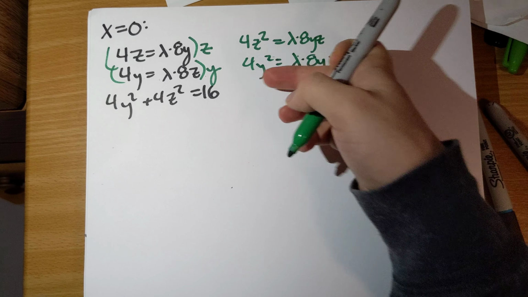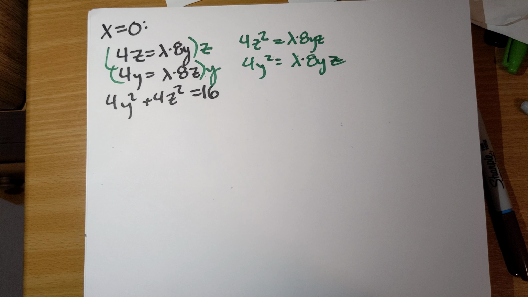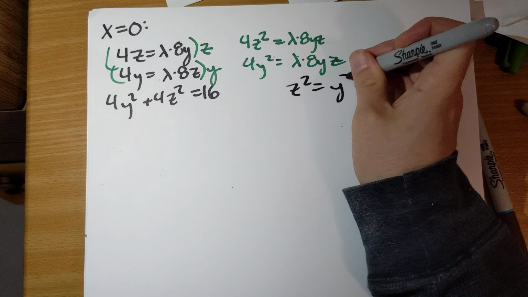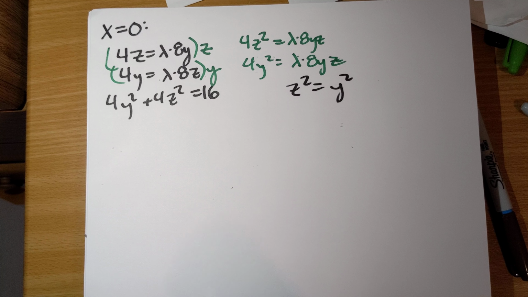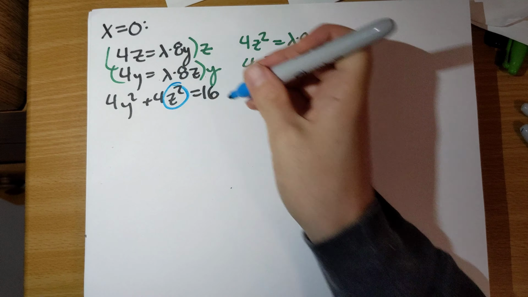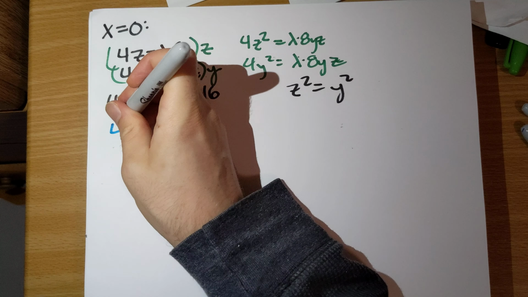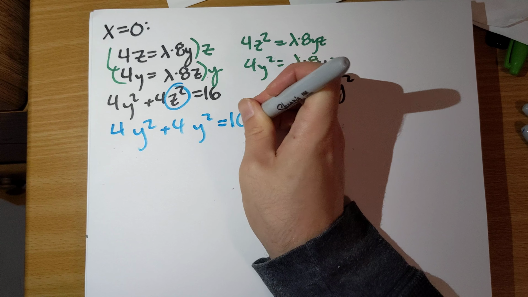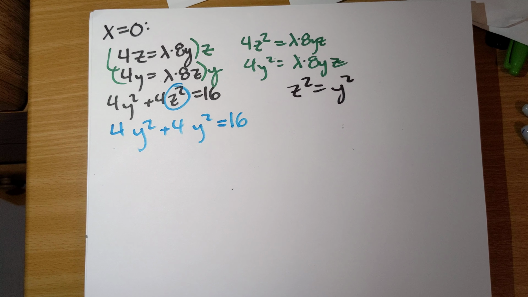The right sides are equal, so we see that 4z squared must equal 4y squared, which of course is just z squared is equal to y squared. We can replace this z squared with y squared: 4y squared plus 4 times y squared is equal to 16.